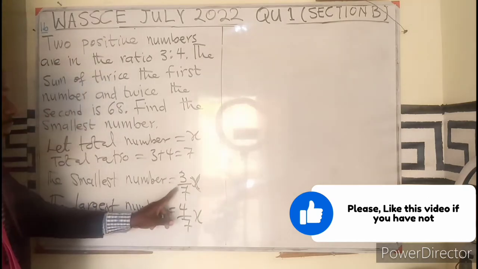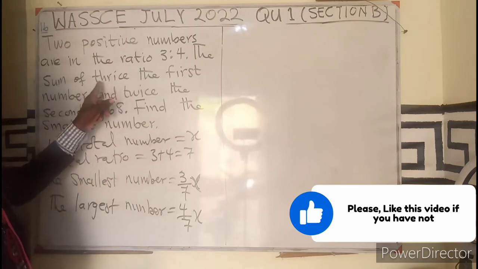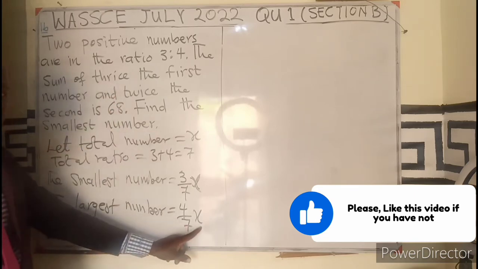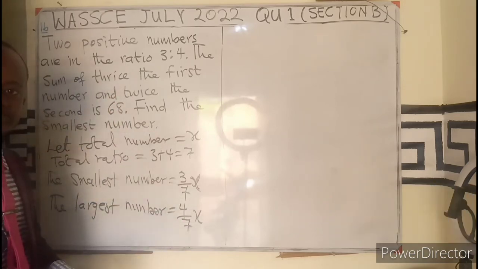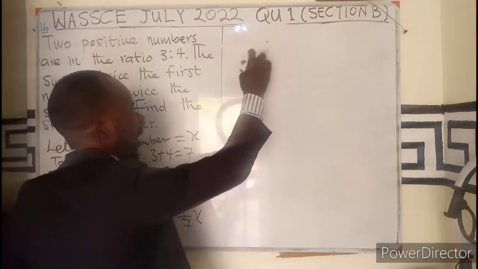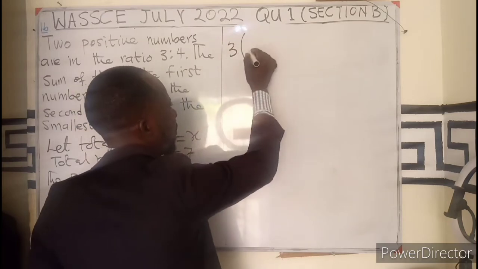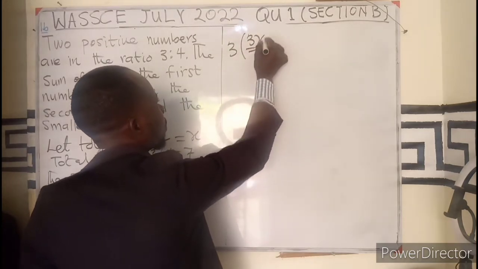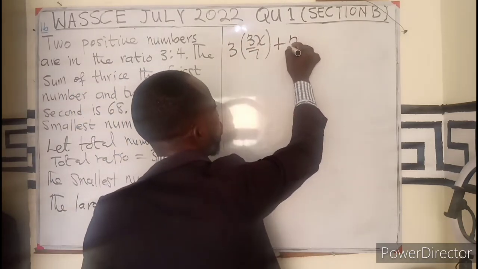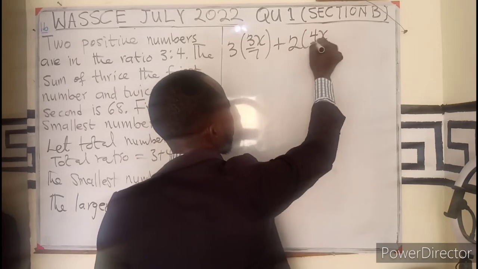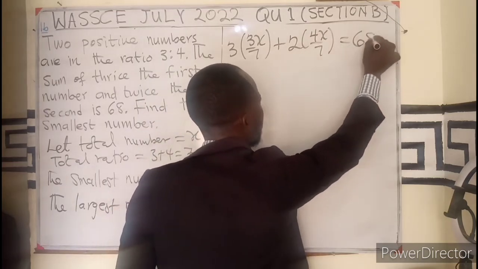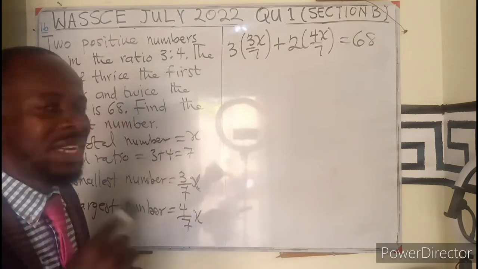They are saying the smallest number is the first number, 3 times that number plus 2 times the second number, the sum will give us 68. So from the statement we have, 3 times the first number plus 2 times the second number should give us 68.